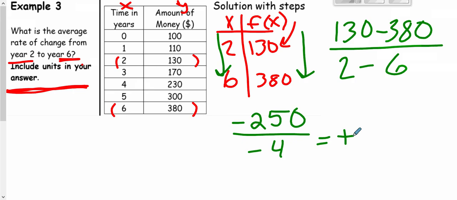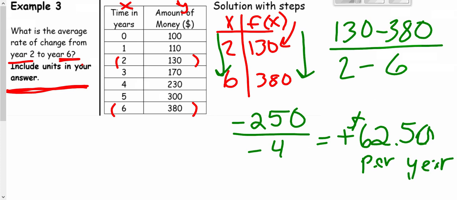Looks like 62.5. And we are talking about amount of money, right? So $62.50 per year.